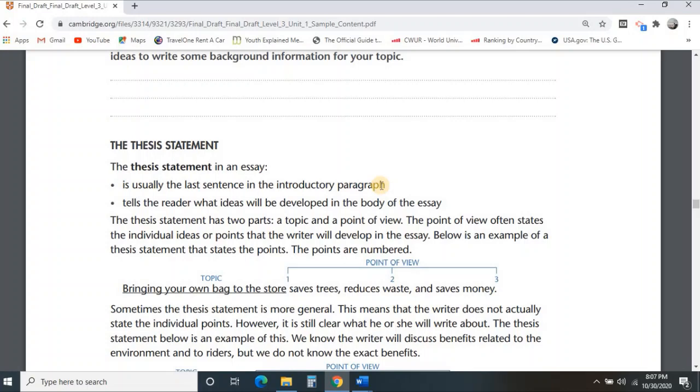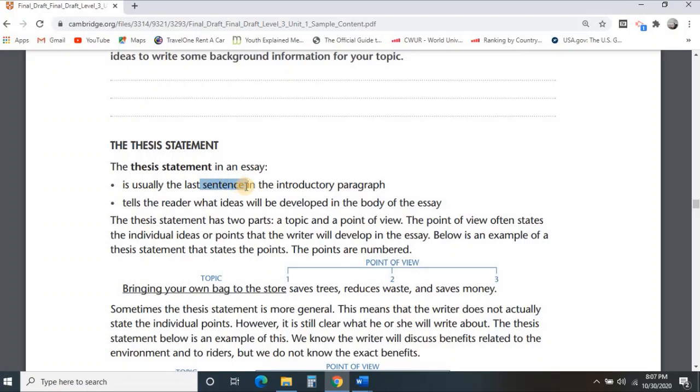When the reader reads the hook, then the background information, then the thesis sticks in the reader's mind. This is my main point. So the reader keeps it in his or her mind while reading the body paragraphs, and will have a clear idea what you are going to discuss in the essay. And in addition to being the last sentence, make sure it is one sentence.